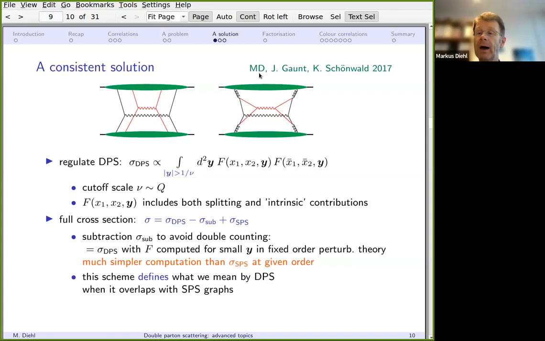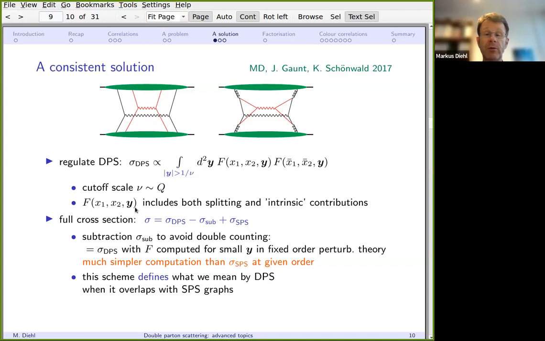Because that would be the last thing I want to do, namely to go back to complicated two and three loop calculations and having to modify them. Yeah, that means you're immediately in for several years of work. No, we don't do that. We don't touch this. We'll remove the double counting, not by opening this here and doing something complicated, but by subtracting something that's constructed in a simple way.